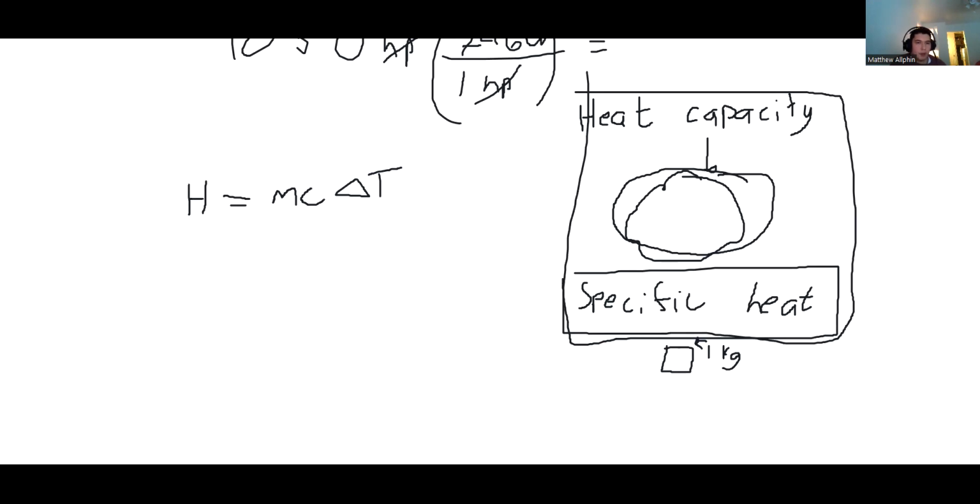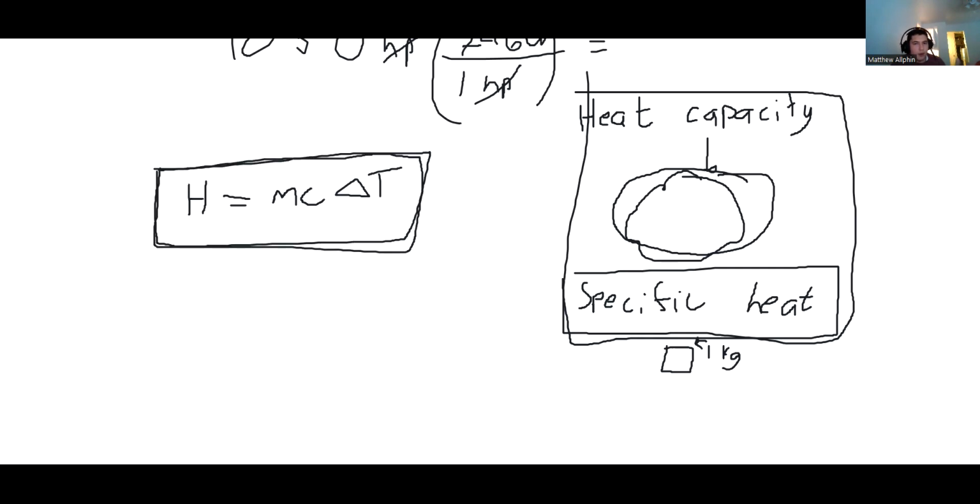But now we go back to our calorimetry equations, as we have the heat. This is the heat that we need in order to change the temperature of an object, right? If we're given an object, say we're given water, or we're given an ice cube, and we want to figure out how much heat it takes to heat the water up or heat the ice up 1 degree, we would use this equation right here.